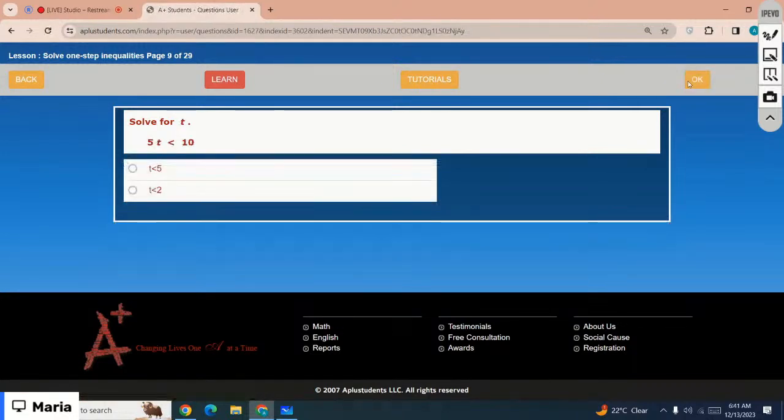How 8? Okay, 5t is less than 10, which is the correct option?